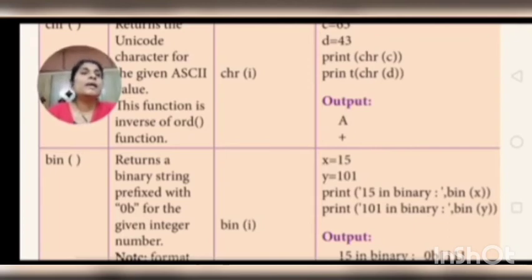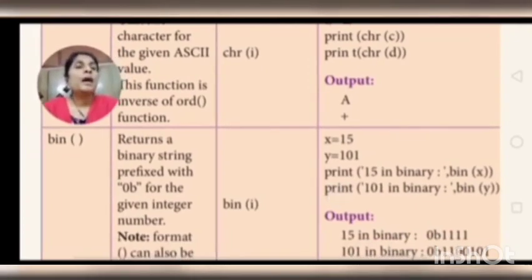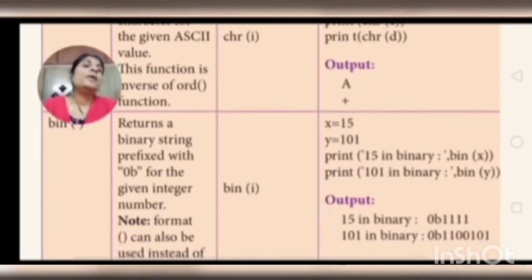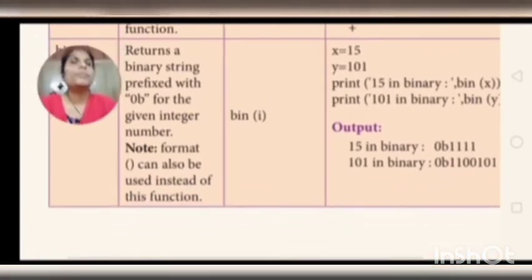In this example, we are going to pass two variables, x and y, containing the values 15 and 101. When we pass them, 15 will be returned as 0b1111, that is 1111 is the binary value of 15, and the next one, 1100101, is the binary value of the number 101.